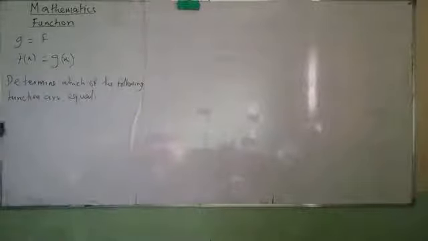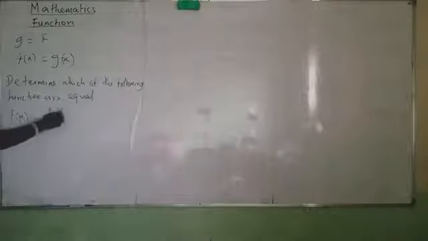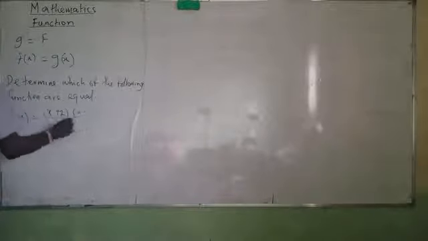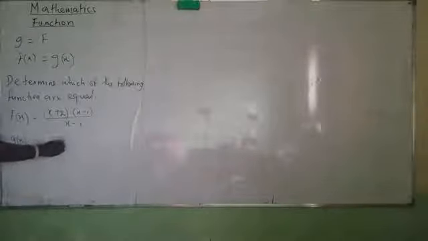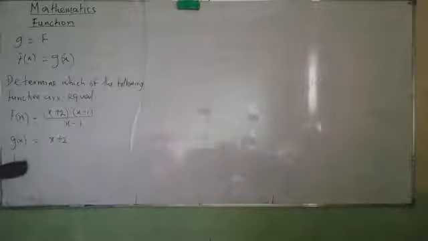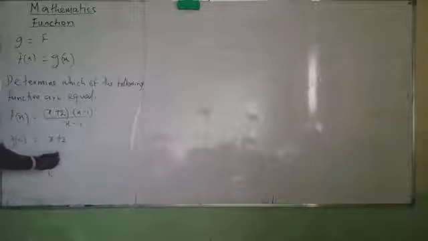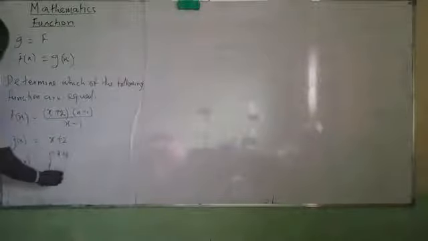I have f of x equals x plus 2 times x minus 1, divided by x minus 1. g of x equals x plus 2. And the next one, we have h of x, which is declared like this: x plus 2, and 0.